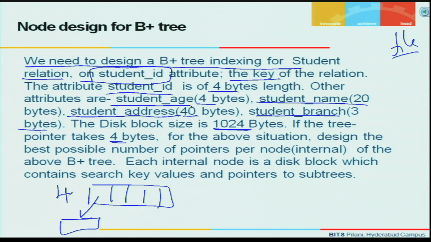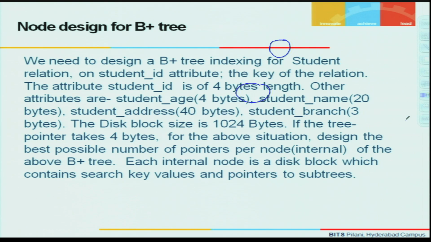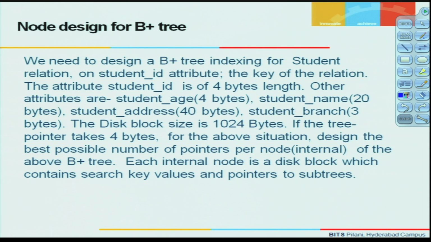And in a B plus tree, each internal node or any node is conceived as a disk block. Okay, so each internal node will be a disk block. Now having this information, let us try to design the internal node of the B plus tree.